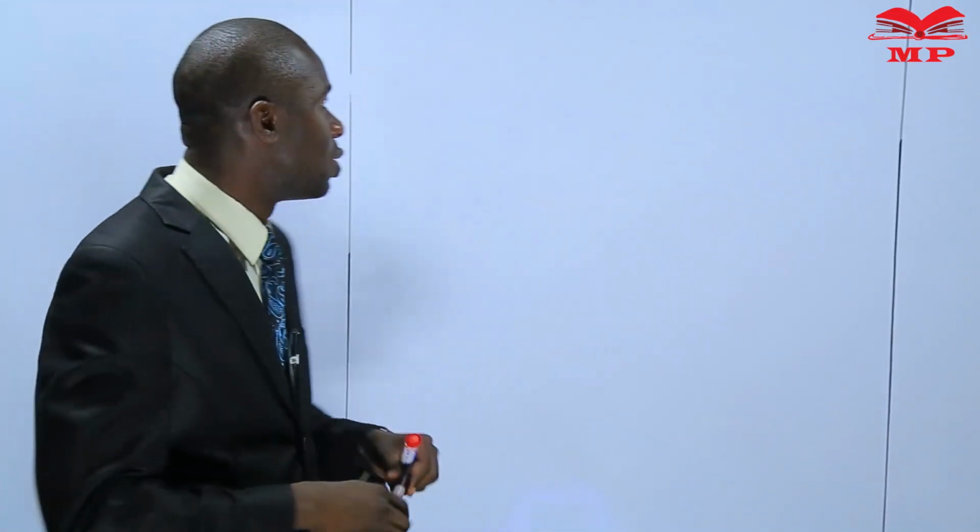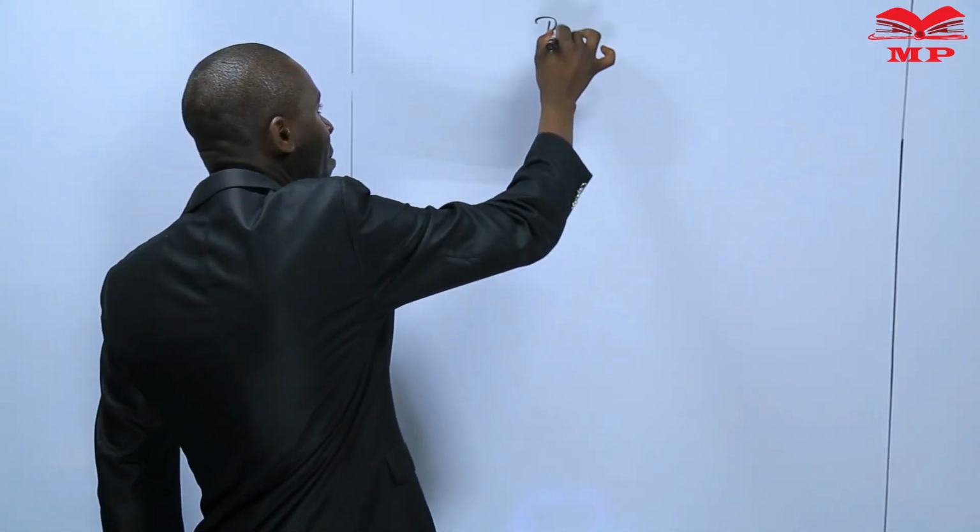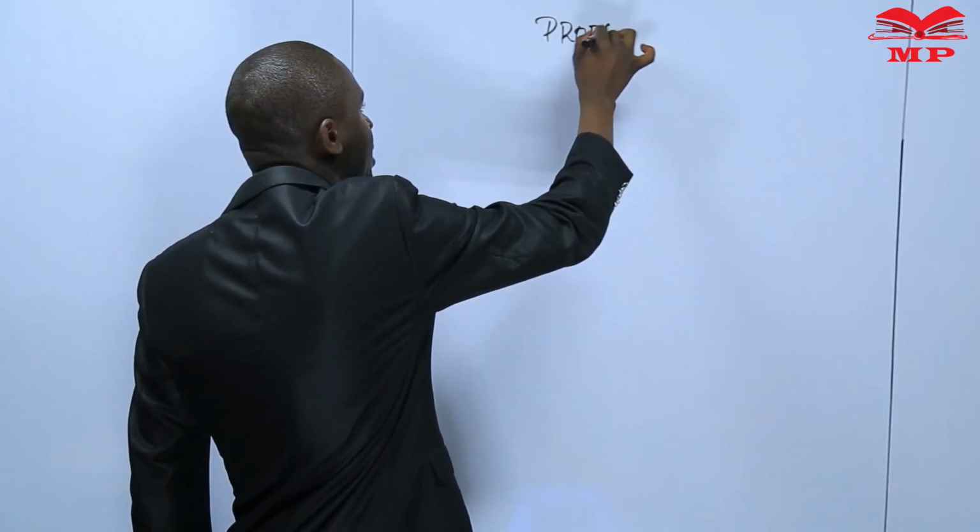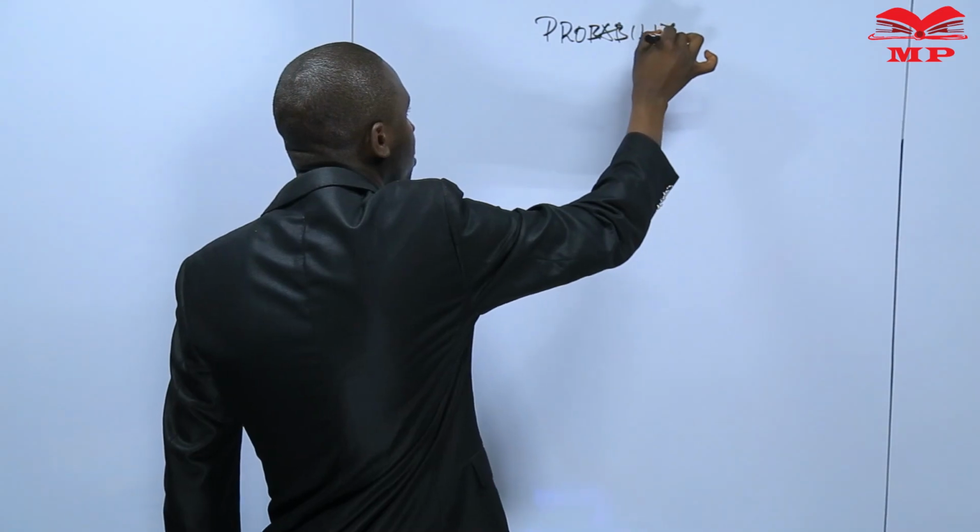In today's class, I want us to look at another way in which we can come up with what we call a sample space. That other way is what we are calling a tree diagram. So in this class, I want us to look at the tree diagram. We're talking of probability, that is our topic.